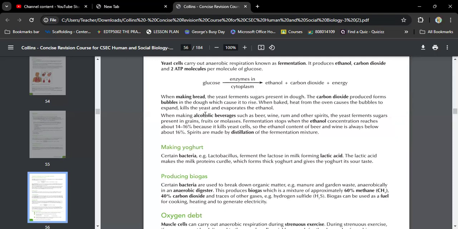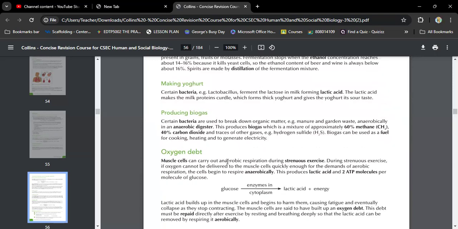So the yeast ferments because of the sugar that is present. As the process of fermentation takes place, the ethanol level reaches a very high concentration, and that is what kills all the yeast. And it stops the fermentation process, and now you have alcohol. That's how alcohol is basically made, right?